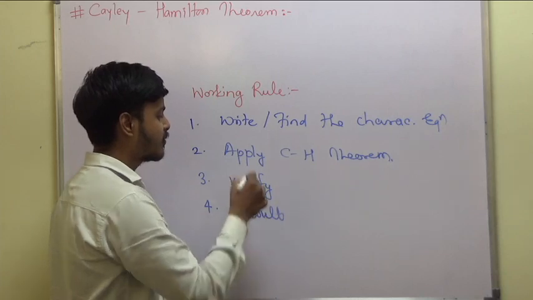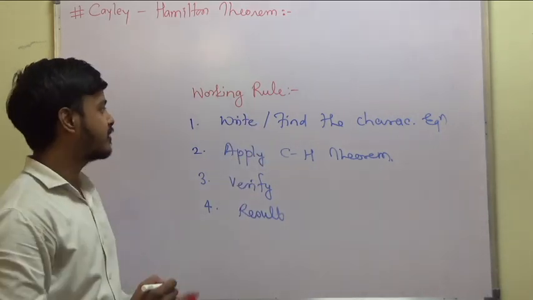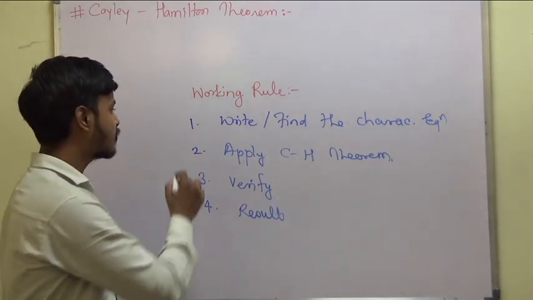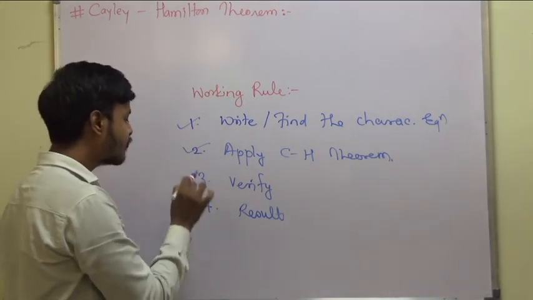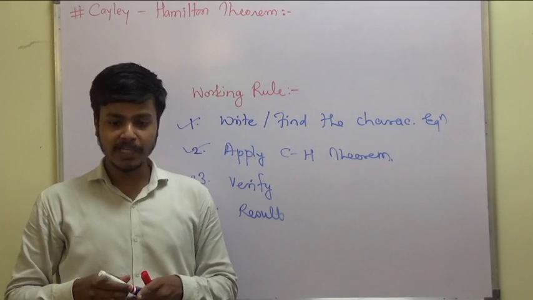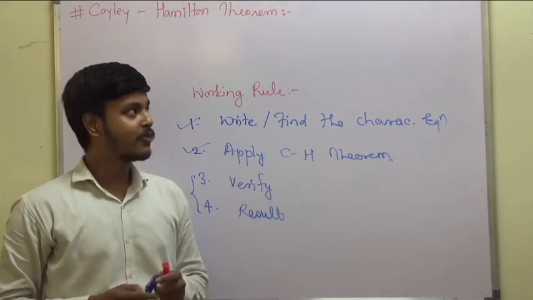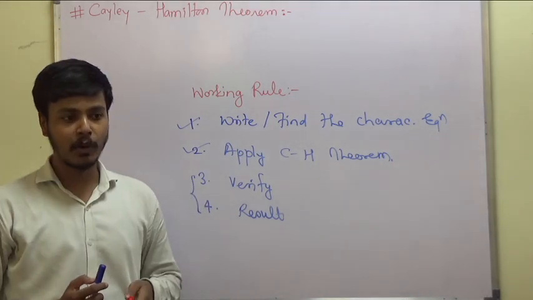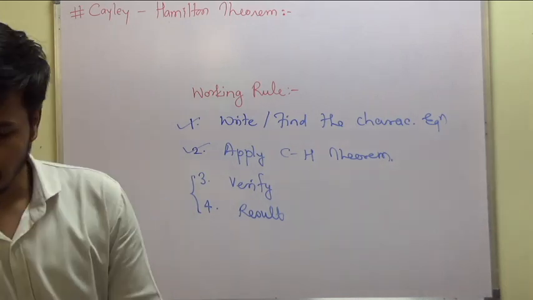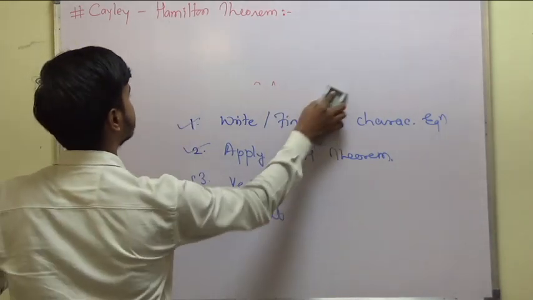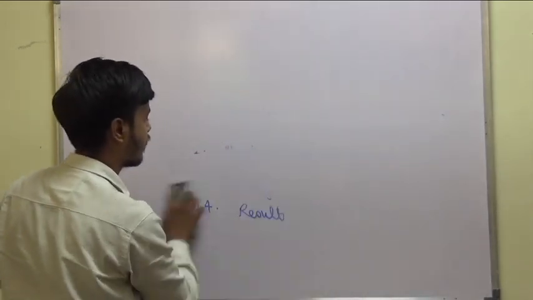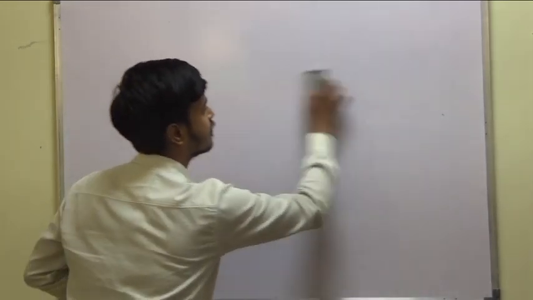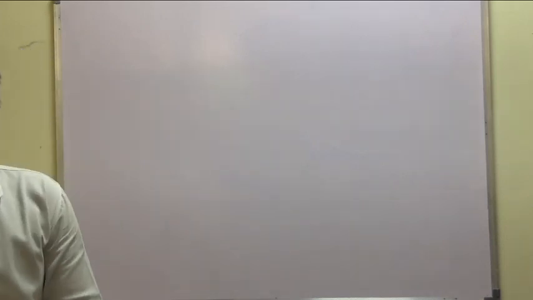So these are the steps under the working rule. The first two steps remain the same, while the third and fourth steps vary according to the problem. Without much ado, let us take a problem on this topic. Let me write it down.